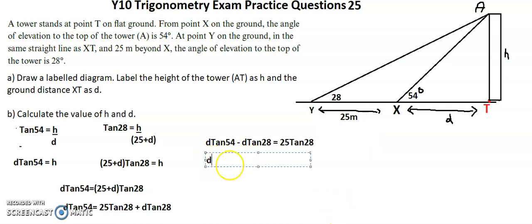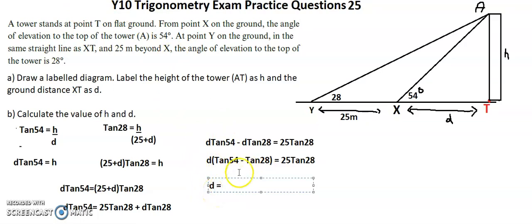I need to then factor out my D, so I've only got one D. I'm left with D in front of tan 54 minus tan 28 in the brackets, and that is equal to 25 tan 28. Now we've almost got D by itself. Right now we've got D timesing something, but we want D by itself.